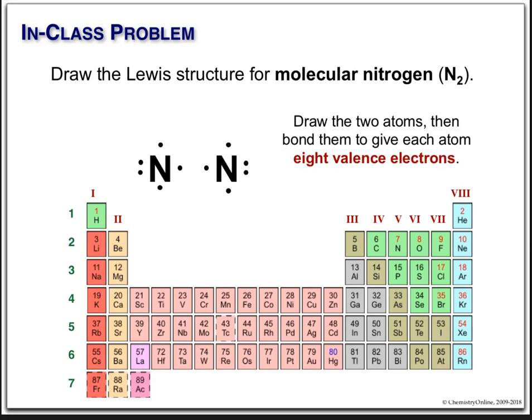So we have 1 nitrogen with 1, 2, 3, 4, 5. Another nitrogen with 1, 2, 3, 4, 5. What we have to do is pair these guys up in such a way that each nitrogen has an octet. Think about how you're going to do that.